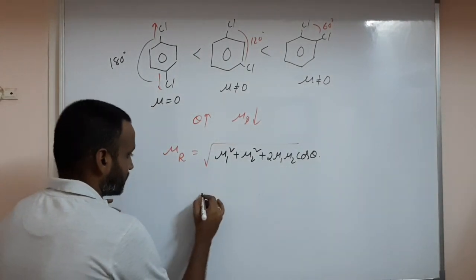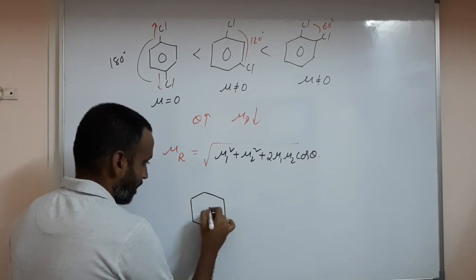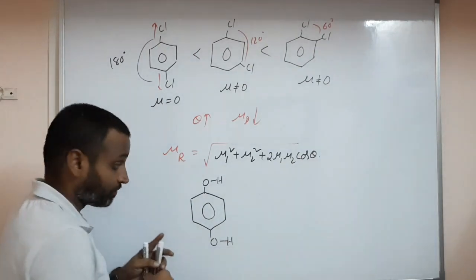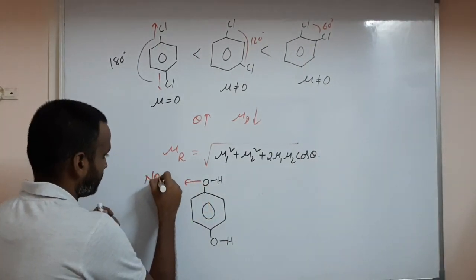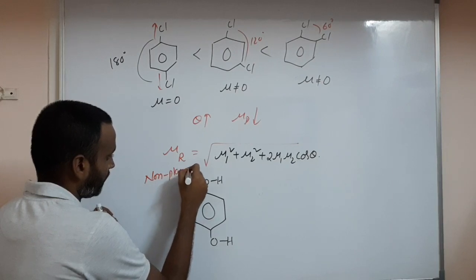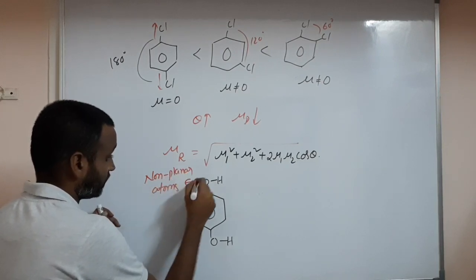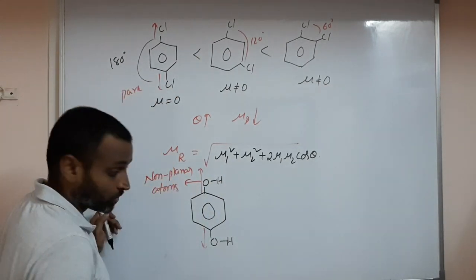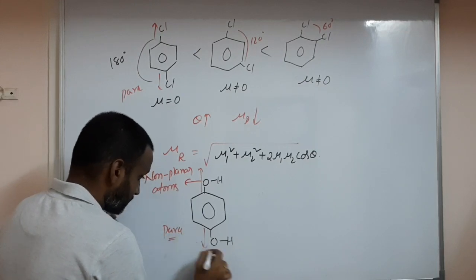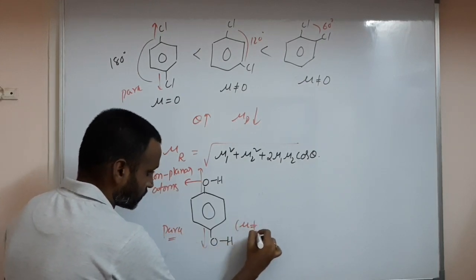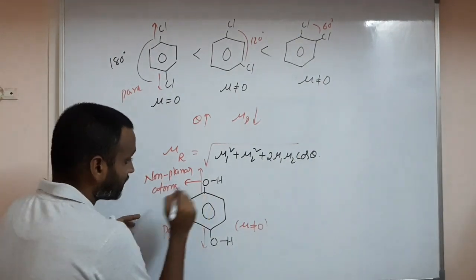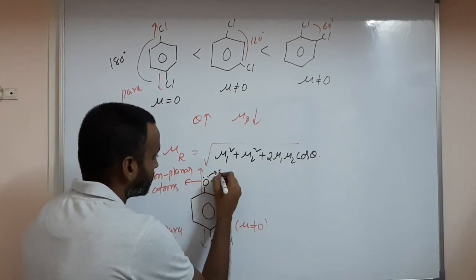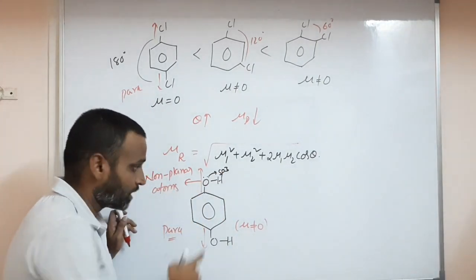But in some examples like this, when the bonded groups have non-planar atoms, actually para has dipole moment 0, but here para has dipole moment not equal to 0 for this. Do you know why? Oxygen is a non-planar atom. How do you say that? Oxygen has 2 bonds and a lone pair, so this oxygen is sp3. How do you say this is non-planar? It is tetrahedral.